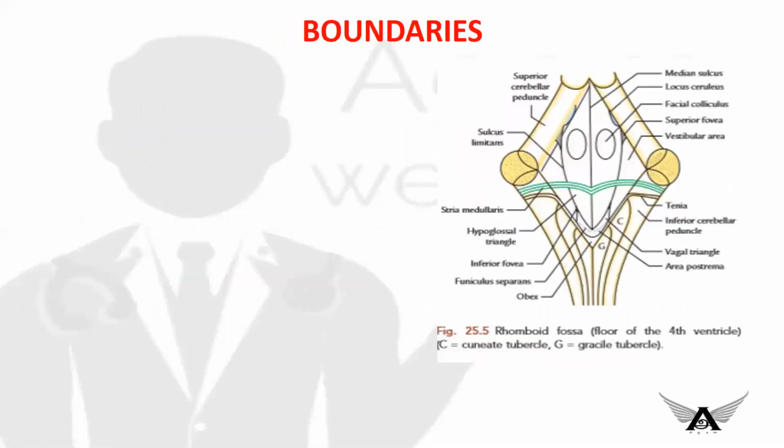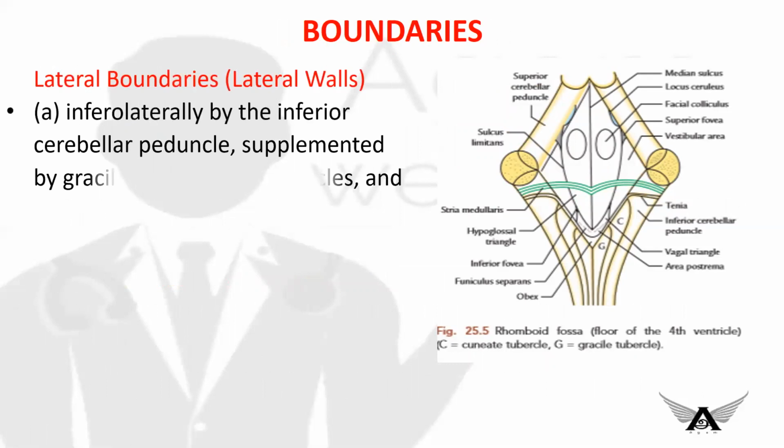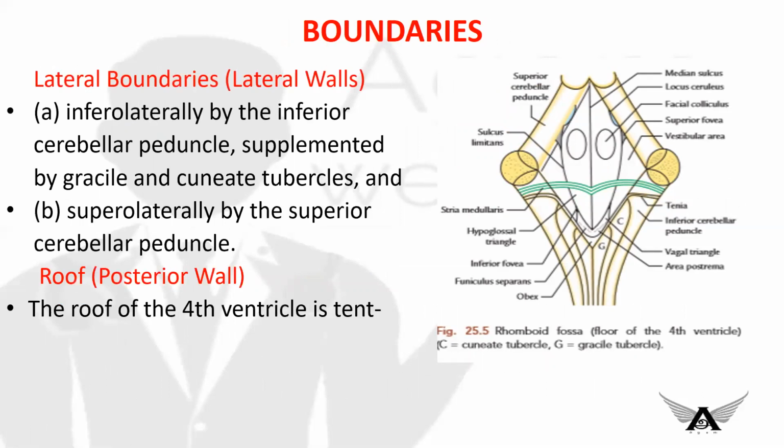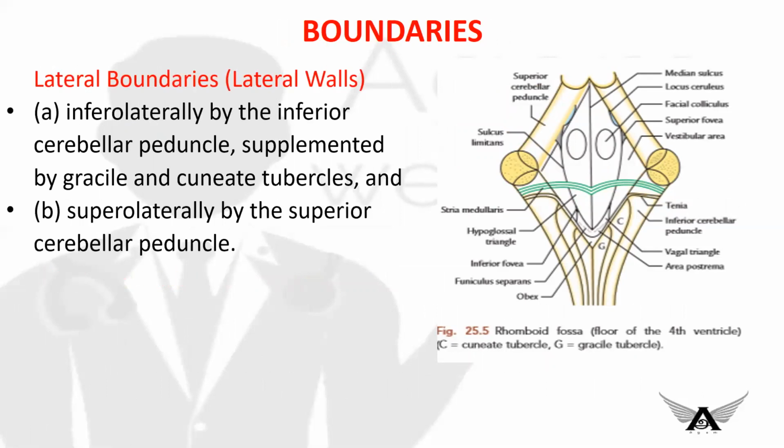Now, the most important thing is the boundaries. First, the lateral boundaries or the lateral wall. Inferolaterally by the inferior cerebellar peduncle, supplemented by the gracile and cuneate tubercle. See, this is the inferior side, this is the superior side.